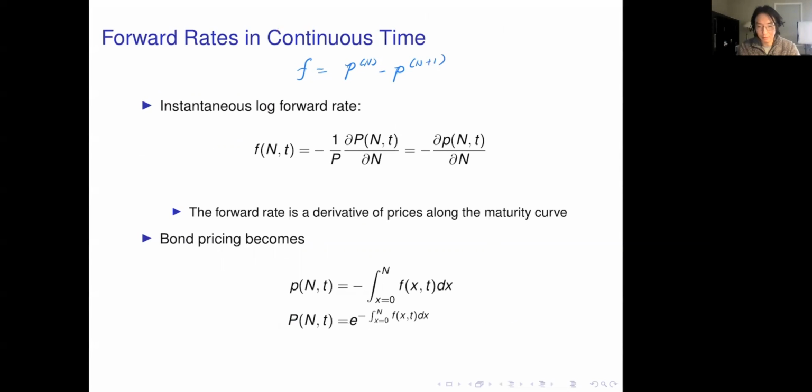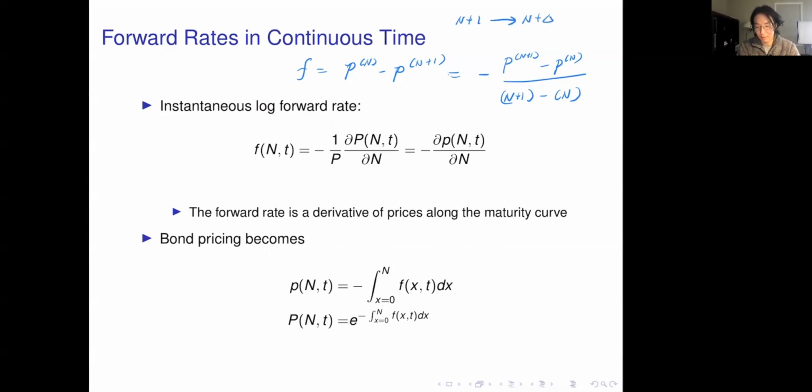Okay, so this is basically the negative of p of n plus 1 minus p of n over n plus 1 minus n. And as you shrink the difference, you can change n plus 1 to n plus delta.